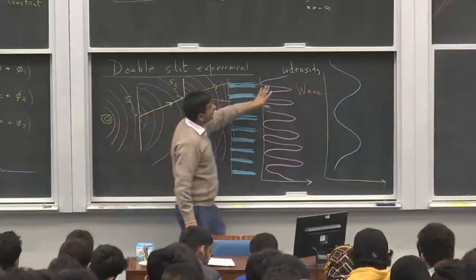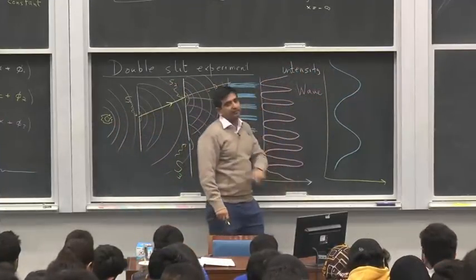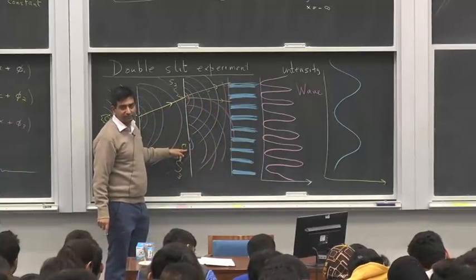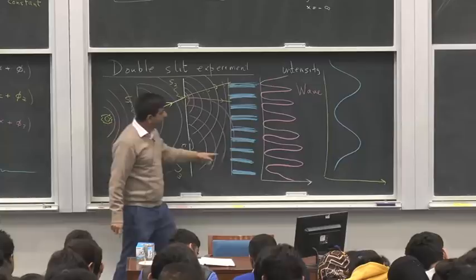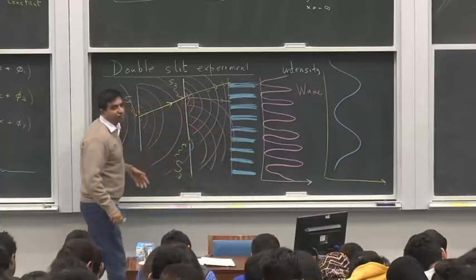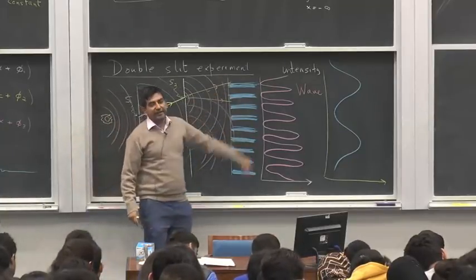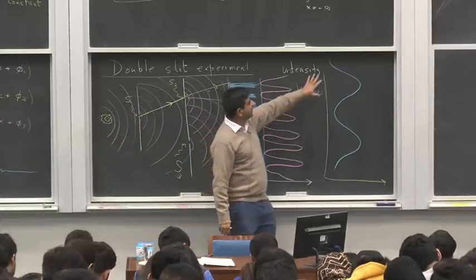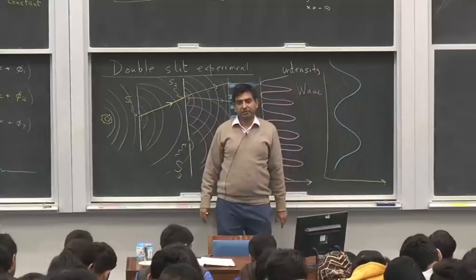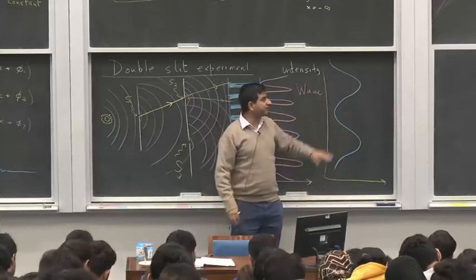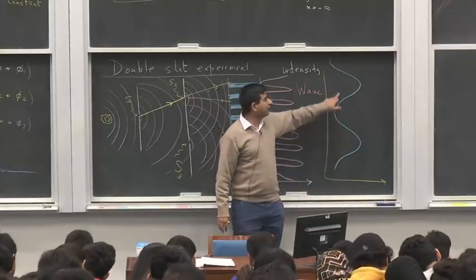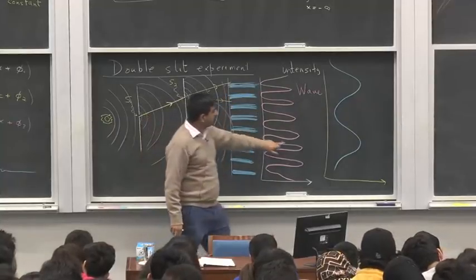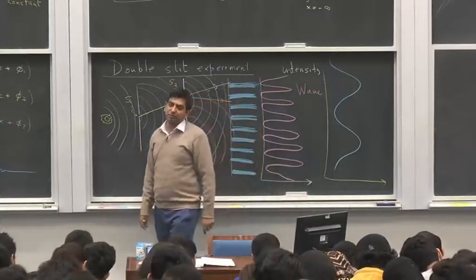So as a result, you will get a hump of this kind. Likewise, the same could happen on the other side. So corresponding to bullets or particles, you don't get an interference pattern. What you do see is this bimodal distribution. This distribution of bullets in which there are two humps. One corresponding to the bullet passing through S2, and this hump corresponding to the bullet passing through S3.